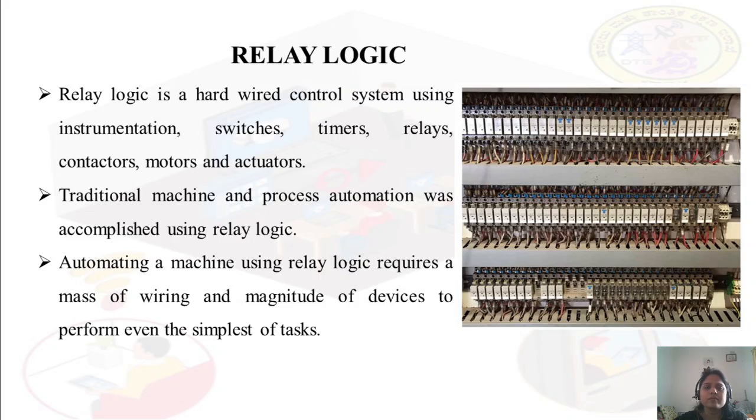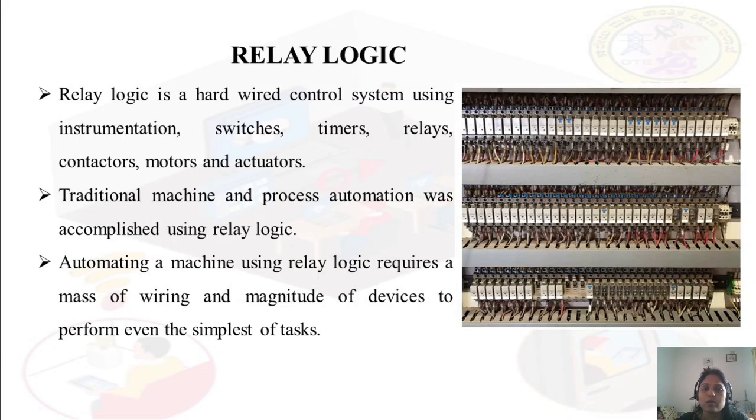Now we will see in detail what is relay logic. Here in the diagram you can see relay logic. All relays are connected here, and this is very big in size compared to a PLC. Relay logic is a hardwired control system using instrumentation, switches, timers, relays, contactors, motors and actuators.